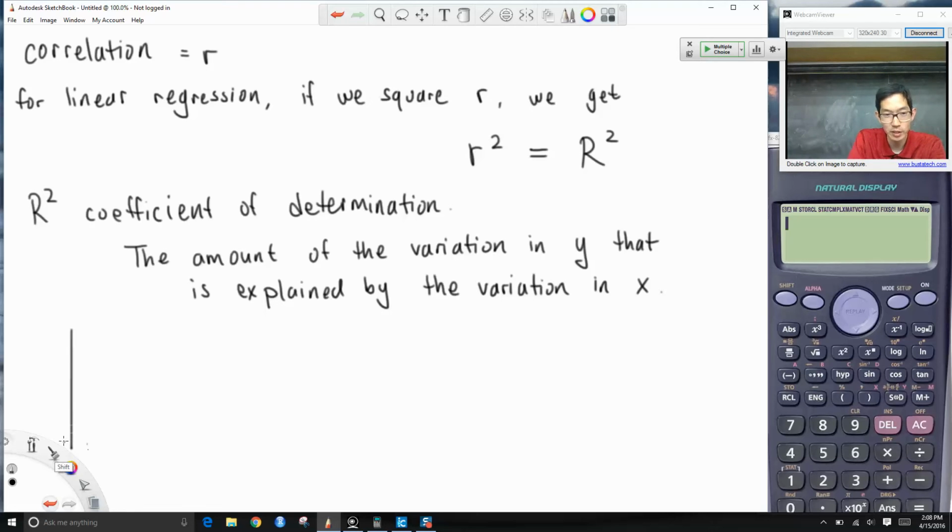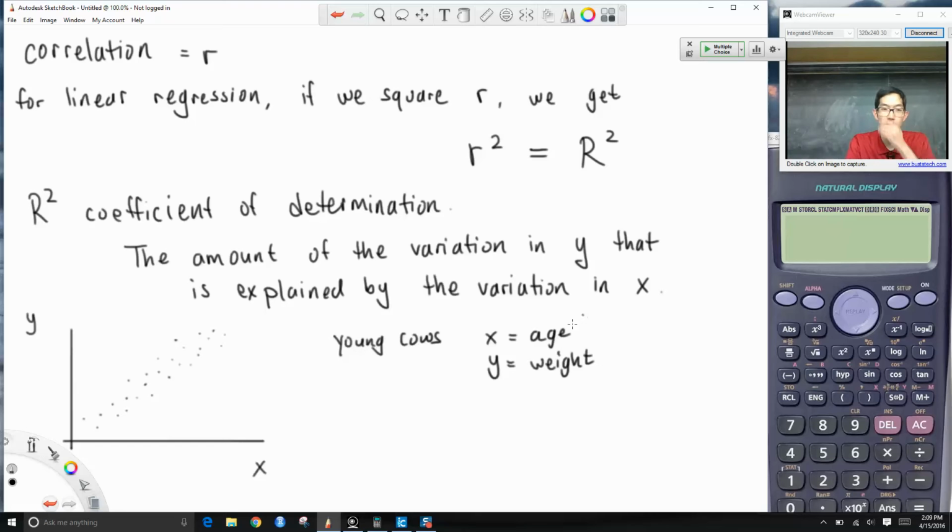Let's say we have x and we have y, and we're looking at some, I don't know, cows or something, young cows. X will be their age, and Y will be the weight.